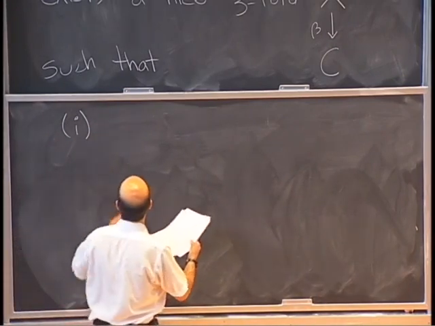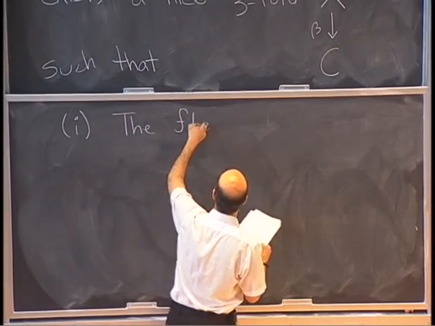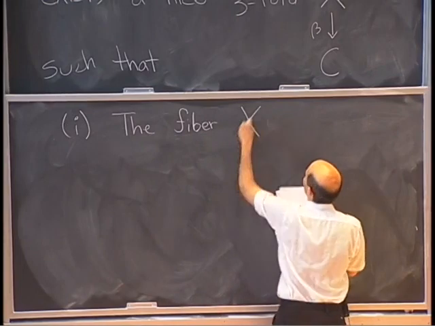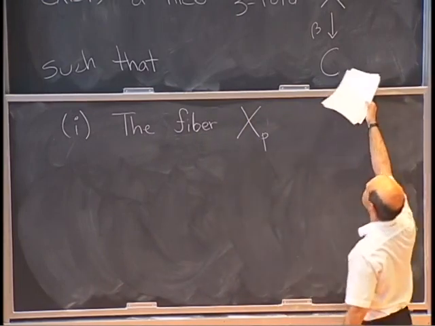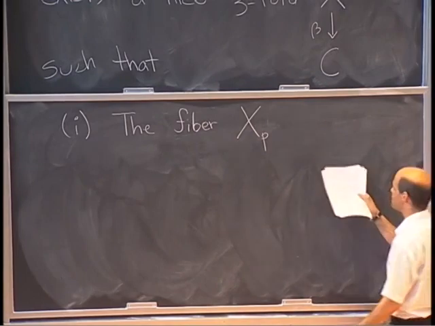So the way I'll do that is, well, I'll say this, this is not really answering the question, but because C only has one rational point, I just have to make sure there are no rational points on the fiber above that one point P.